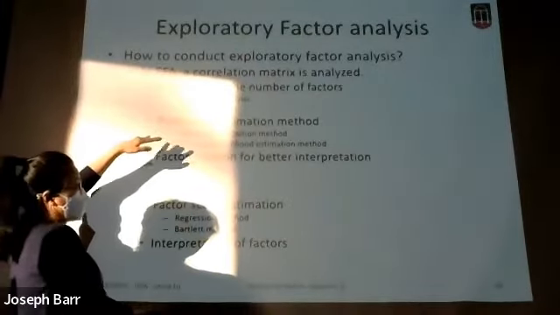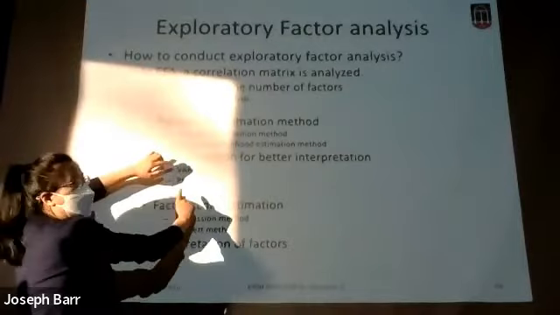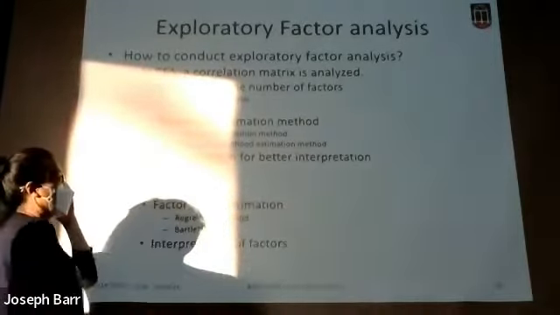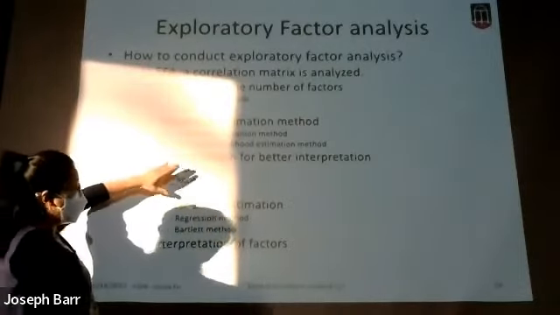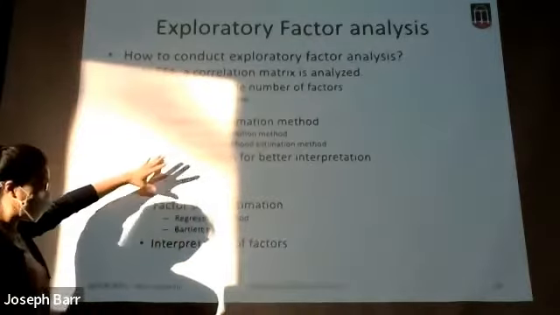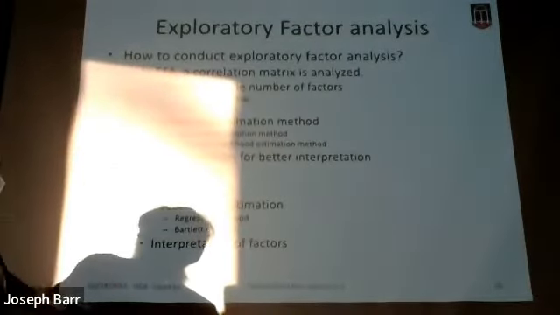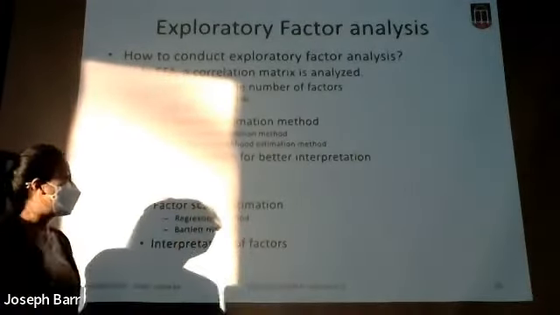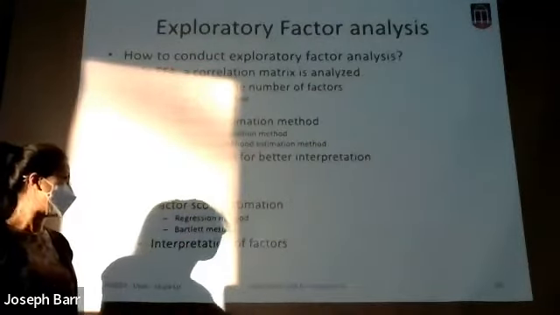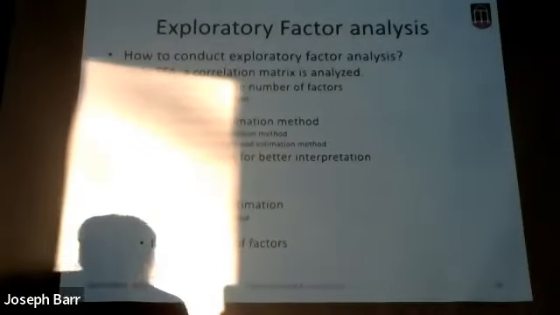Factor rotations: I just listed 3 here, but actually there are a bunch of these rotation methods. Varimax, Promax, Geomin, and a lot of others. These are very popular rotation methods. Factor score estimation: we can use the regression method, we can use Bartlett's method, and how are we going to do the interpretation?